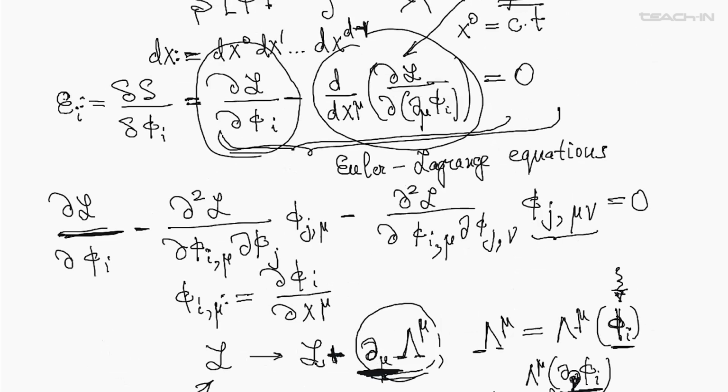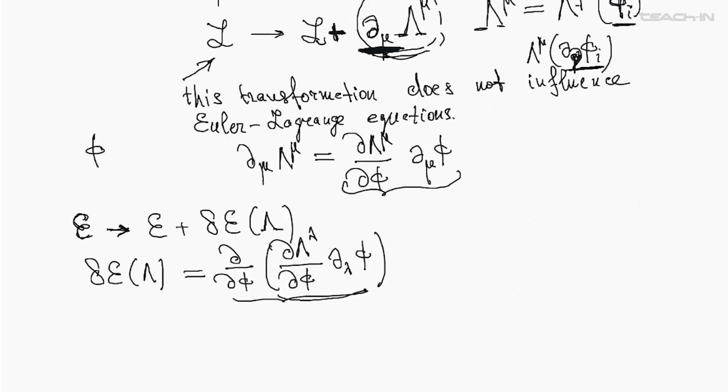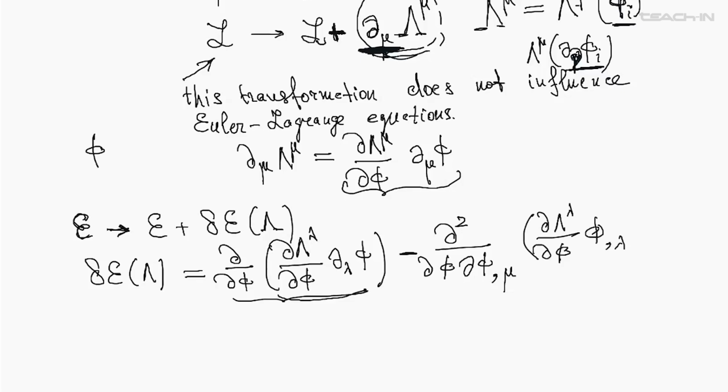So if I write it explicitly in the open form, with the derivative with respect to mu written as phi comma mu, we have d lambda lambda over d phi comma lambda, multiplied by phi comma mu. This is the first term in the open form.